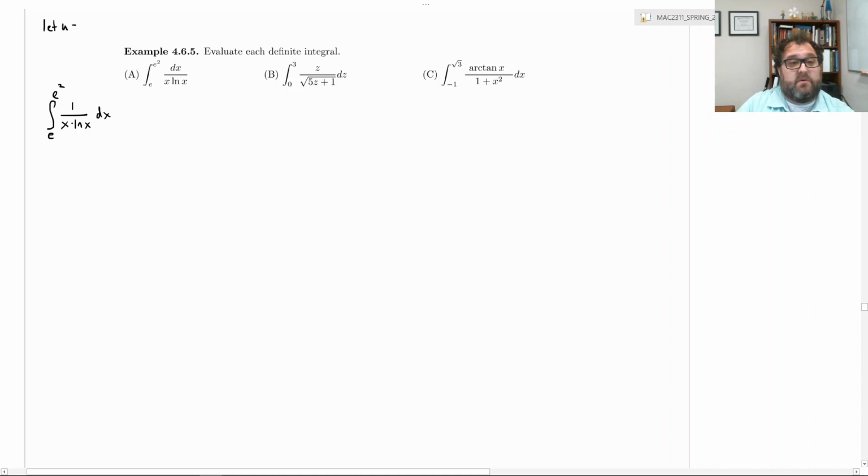Let u equal natural log x. So that's like part of the denominator. Now, if I think that's going to work, then I need to immediately calculate the differential of u, and we get du equals the derivative of natural log x, that's 1 over x, times dx. And what do you notice we have here?